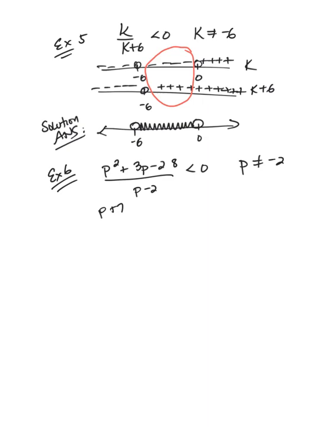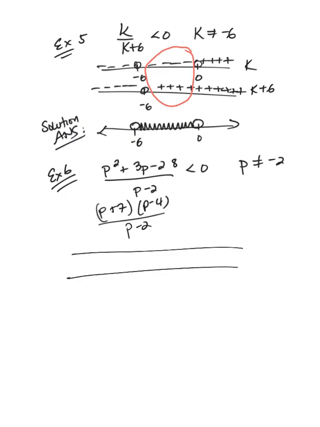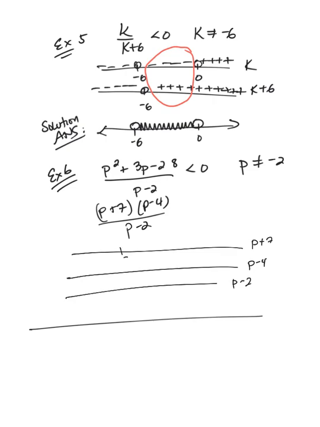P plus 7, p minus 4 over p minus 2. We're going to have 3 number lines for scrap work: p plus 7, p minus 4, p minus 2. -7 is the point of interest in the first one.